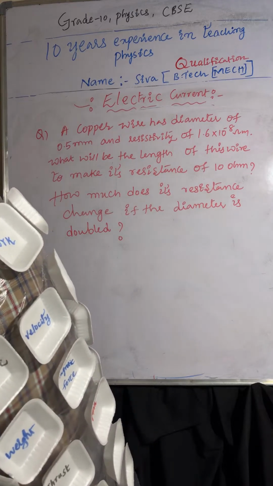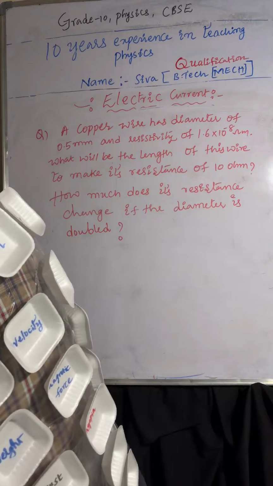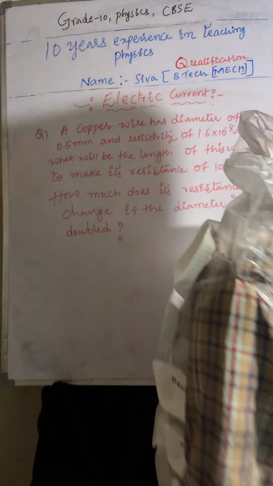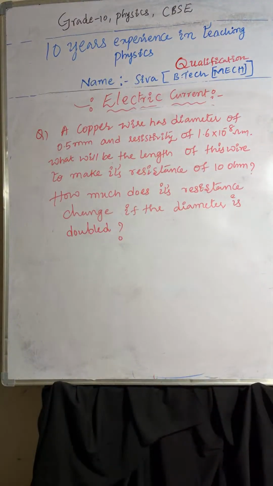Identify this question's answer. How to solve it? Just try to identify the question. First identify the data, what exactly they have given. After that, select a suitable formula.